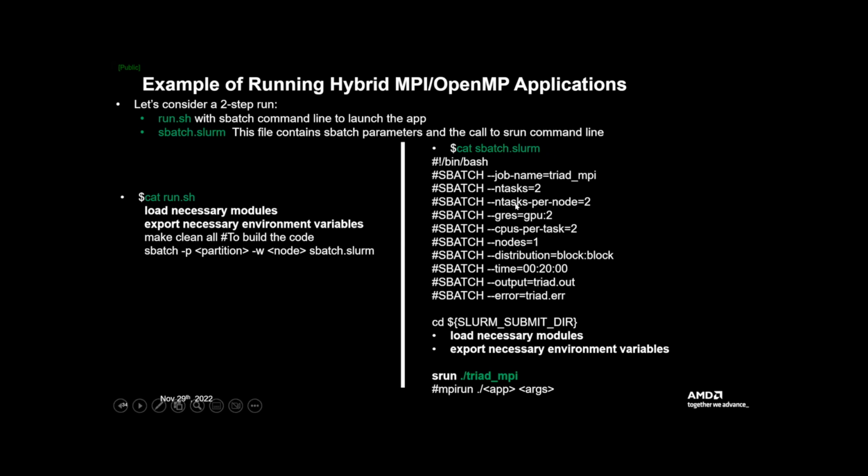Here, for example, I'm specifying the number of tasks I want, the number of tasks per node, the number of GPUs per node, the CPUs, the number of nodes, the distribution I want, the time, and so forth. After that, I load the necessary modules for my application. If there is any variable you need to export, you export them, and then I run srun with my application. Or you can also use mpirun at this level with your binary plus your application arguments to submit your job and run it.